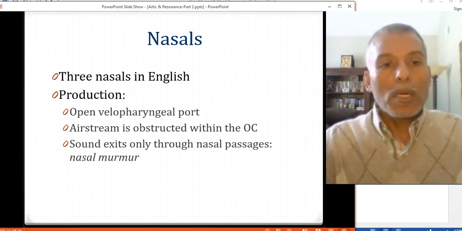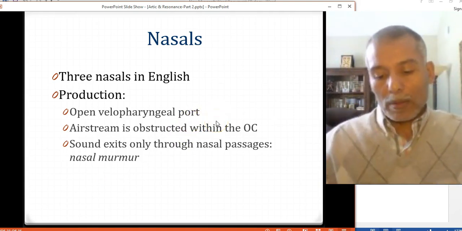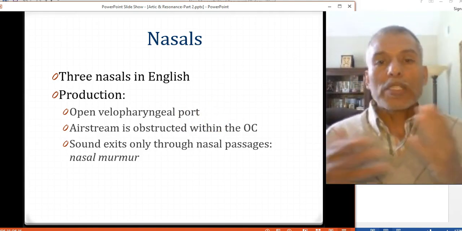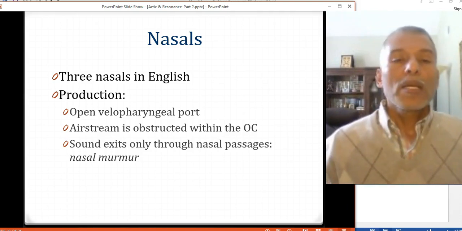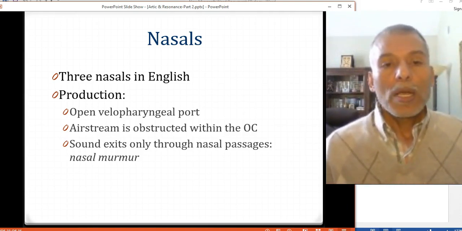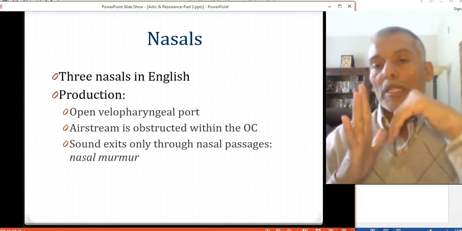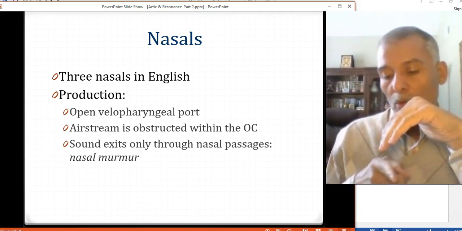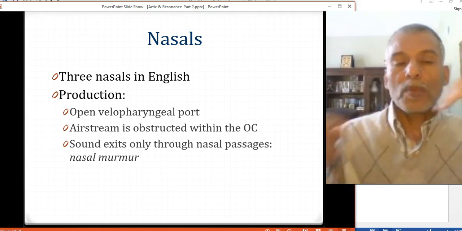Now we look at the nasal sounds and the other consonants in terms of resonant frequency, what happens in the nasal tract and the vocal tract. For the nasal sounds, you basically want the velum to be down so that the air goes through the nasal cavity.